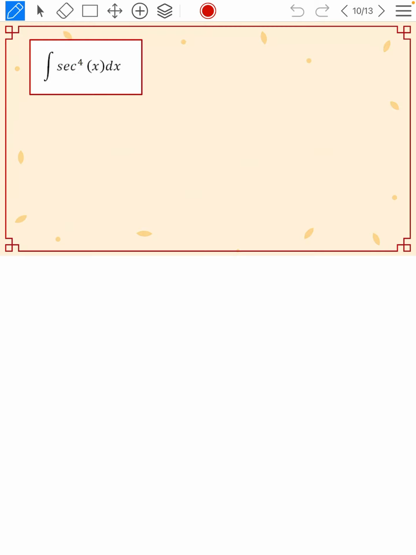If we're trying to take the derivative of secant, then we need tangent in the problem, right? Because the derivative of tangent is secant squared x, and the derivative of secant is secant x tan x. So using the same idea here, we're going to use our other trig identity. And again, I don't remember them all so great, but I know this one, right?